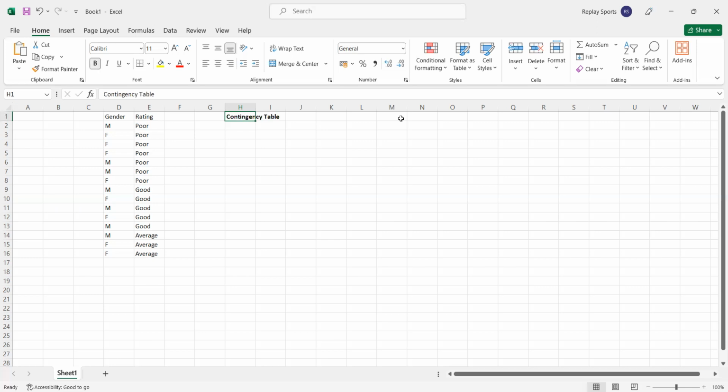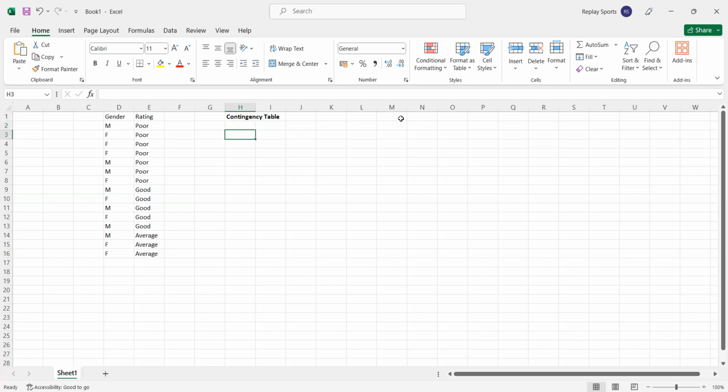When you have a single variable, we have seen both categorical and numerical. For categorical we created a frequency table, then we did mean, median, mode. Now we are focusing on two variables. So it's not a frequency table, it is called a contingency table.